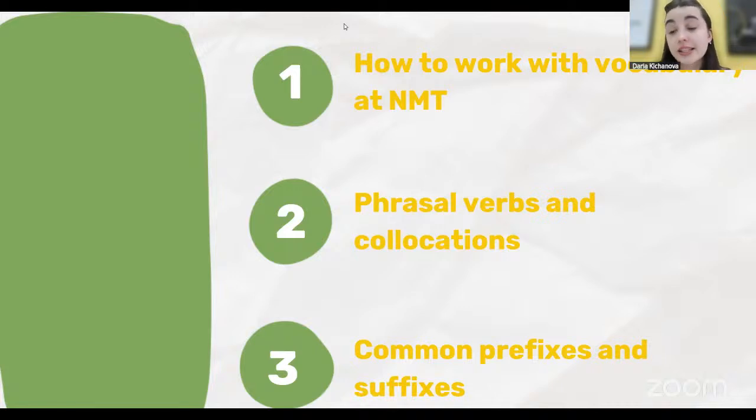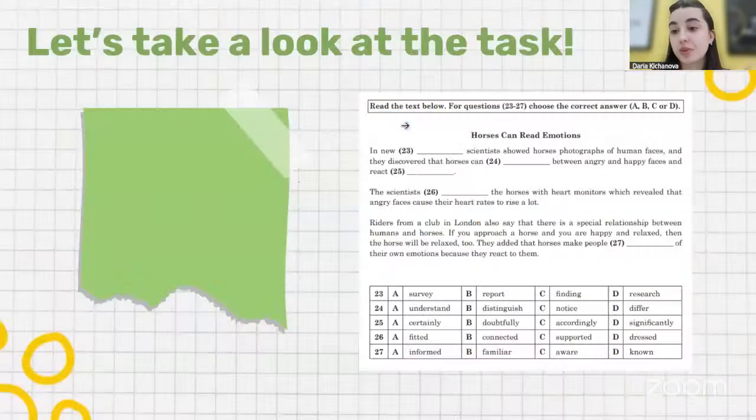Let's get started and let's start talking about our first topic. But before, let's take a look at the task that we have at NMT. As you know, we have only one task and 5 questions in this task. There you will have a text and you need to put the correct word in the gaps.